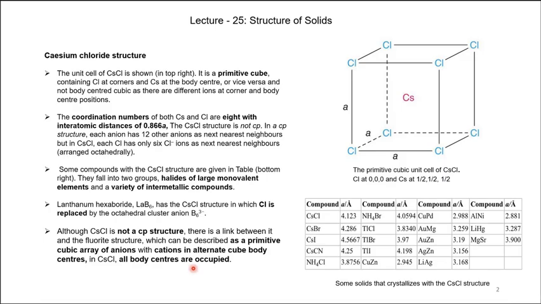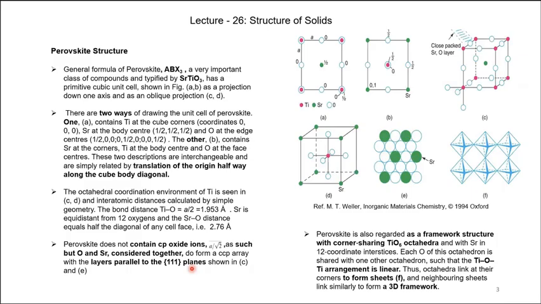We go to the next slide, and this is a very, very important class of compounds. It's perovskite, and the general formula of perovskite is ABX3. We can typify it with one example.